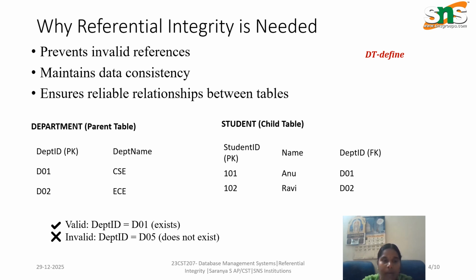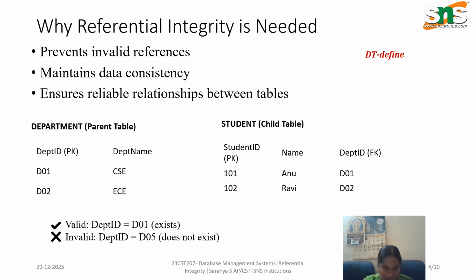In the parent table, department ID is the primary key, and in the student table, student ID is the primary key and department ID is the foreign key.